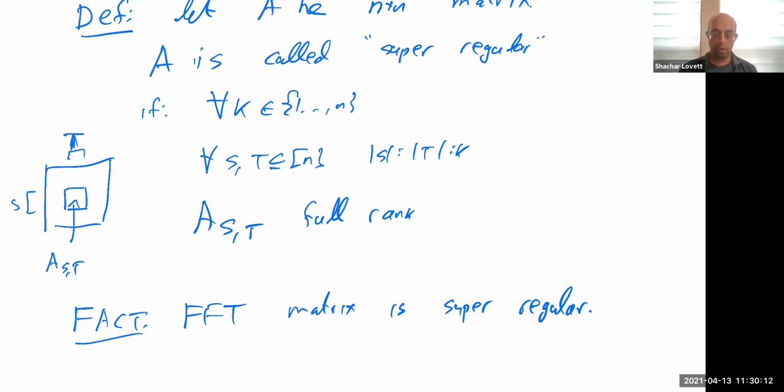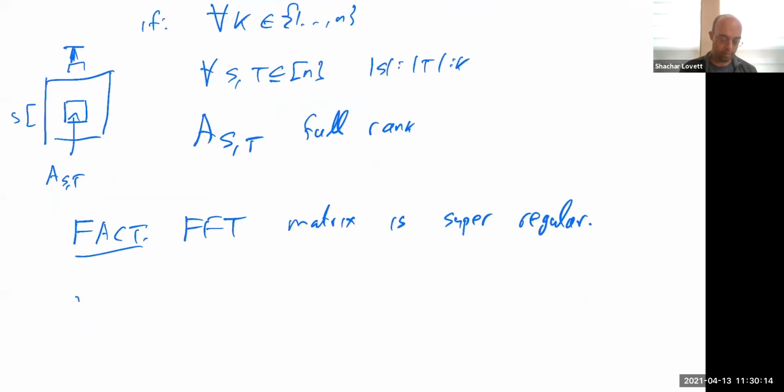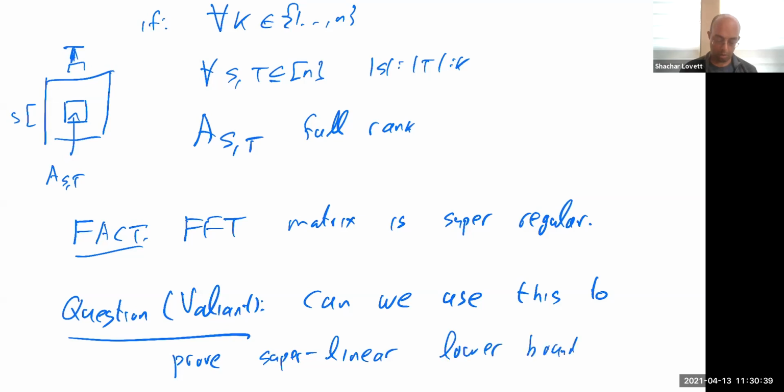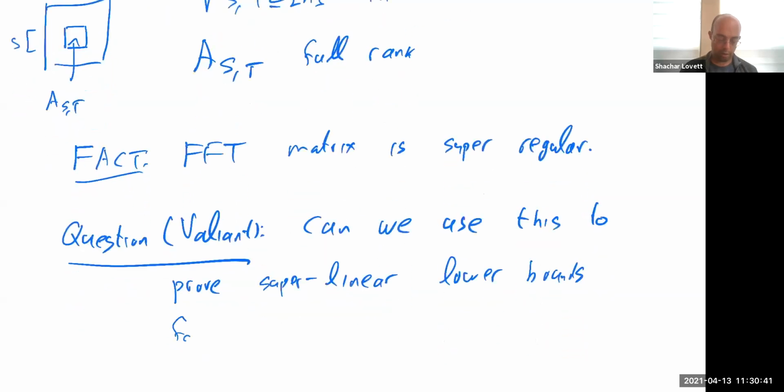And now the question that Valiant was asking is, can we use this to prove superlinear lower bounds for FFT? What does it mean?